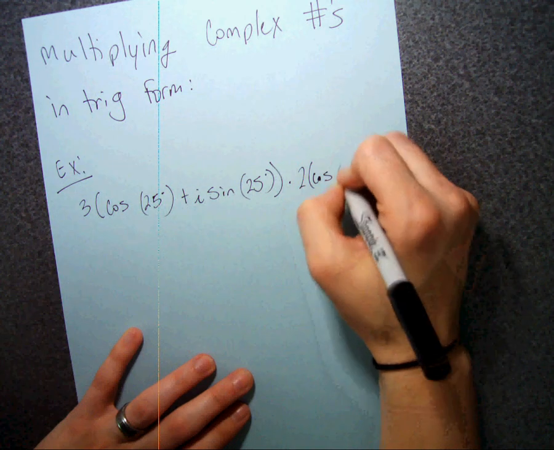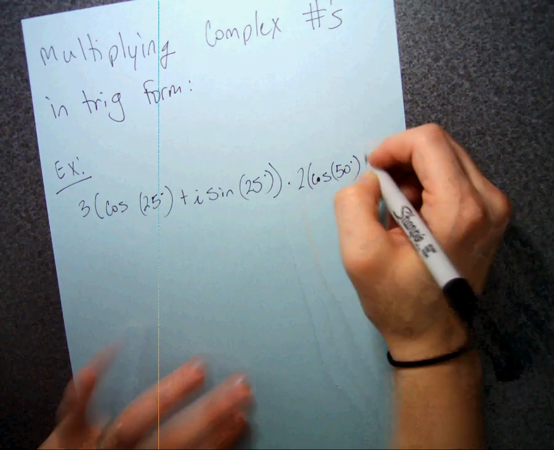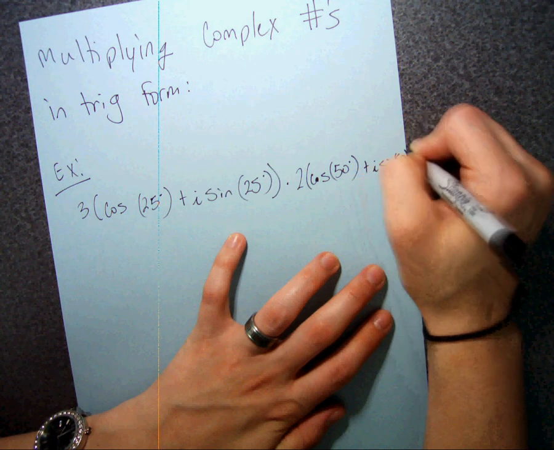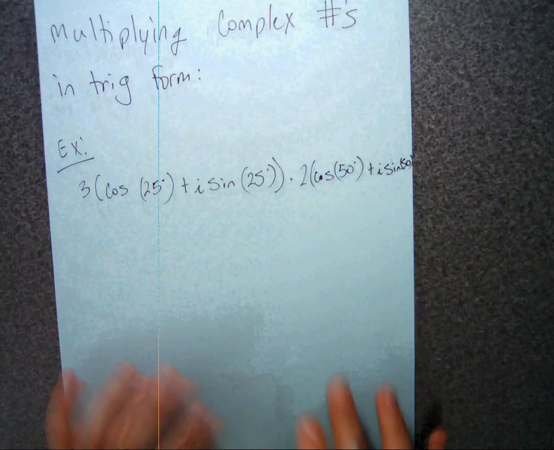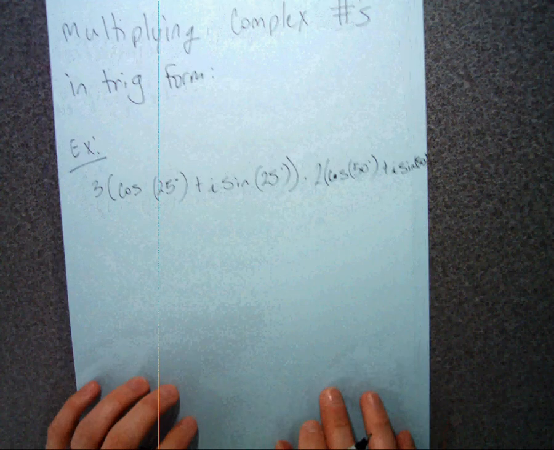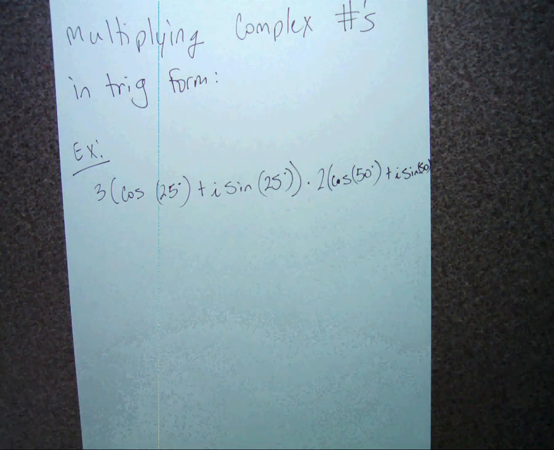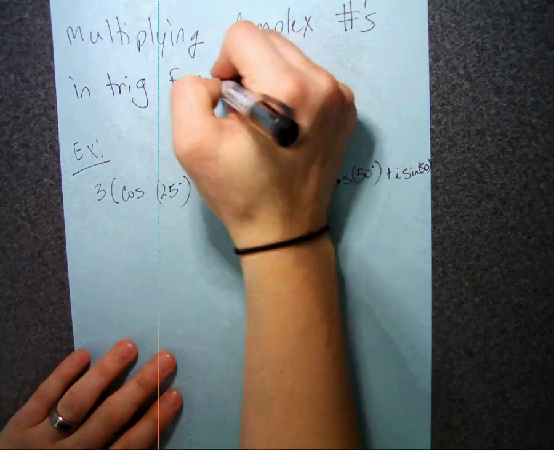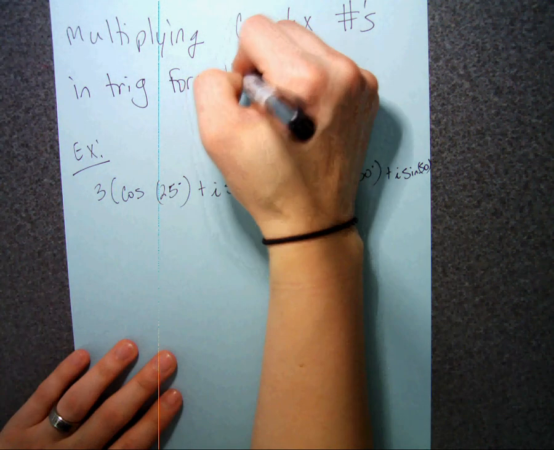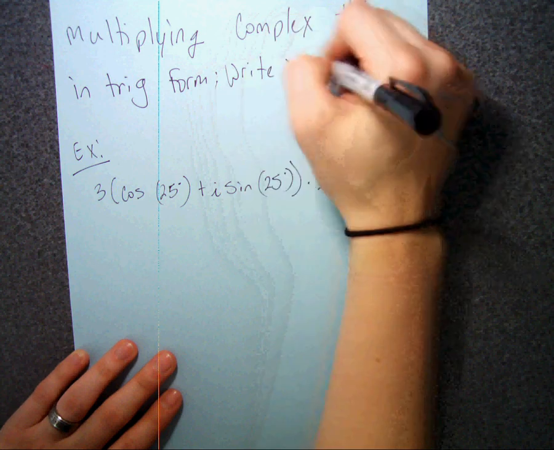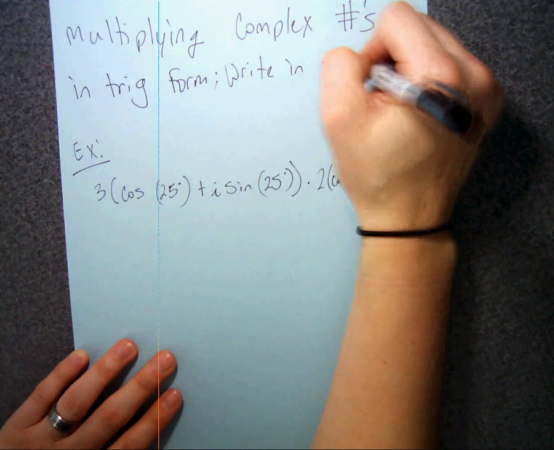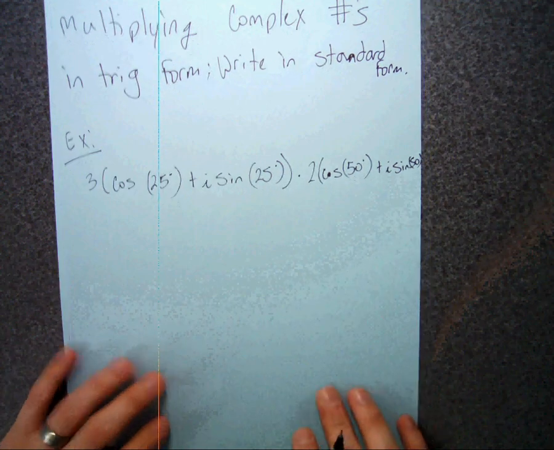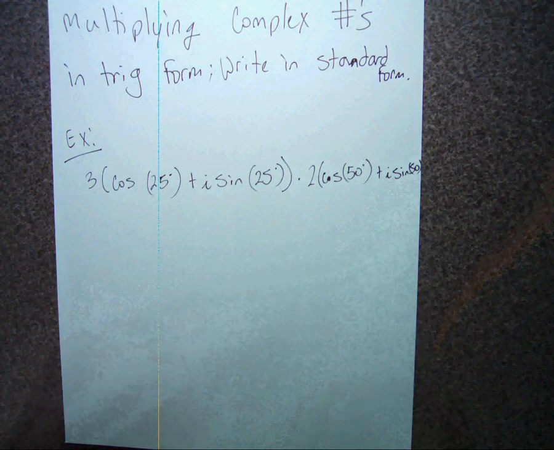I want to multiply my complex numbers in trigonometric form, and then we're going to add a little bit to that. I want to write it back in standard form. So very simple. When we're multiplying complex numbers in trigonometric form, I'm simply just going to multiply the r values together. So I'll multiply 3 times 2, gives me 6.